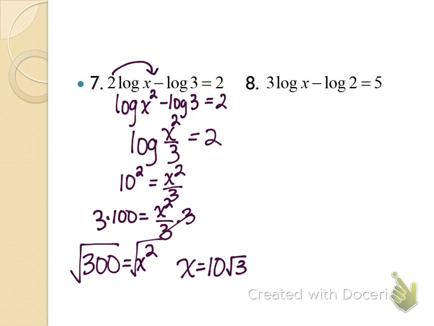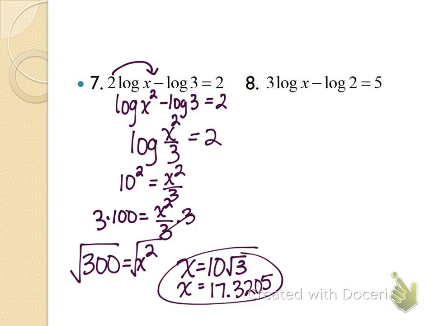Now, if you were to use a radical in your calculator, which is not my preferred way, we would get 17.3205. So I would accept that. It's just not my preferred way. If you're square rooting, we've learned how to simplify square roots without putting it as a decimal.